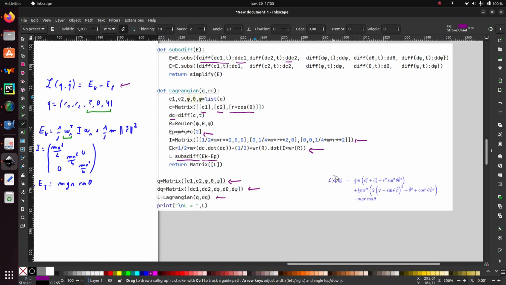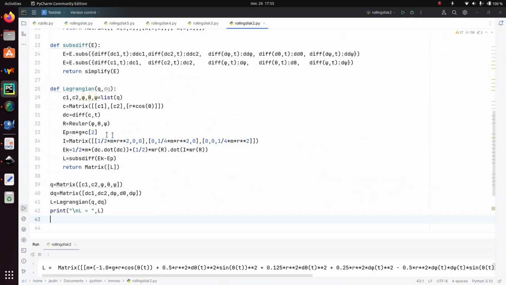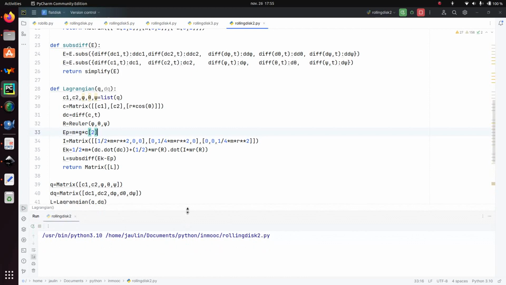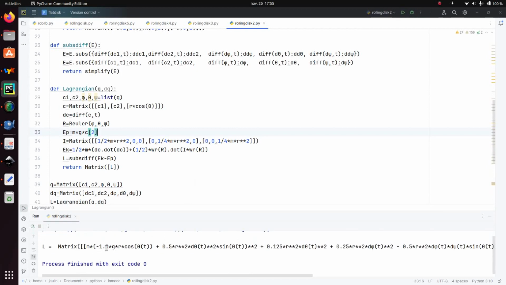If I use this, it will print this function for the Lagrangian, which depends on Q and Q dot. I run, and I see here an expression for the Lagrangian.